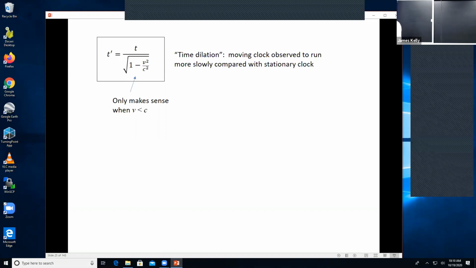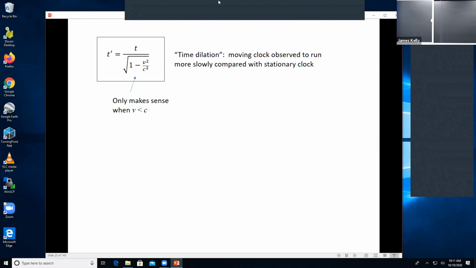Well, just in terms of mathematics, what would go wrong with the formula? Yeah, we'd have a negative under the square root, right? Because if v were greater than c, this v squared over c squared would be a number bigger than 1. So when I subtract it from 1, I get something negative. When you take the square root of a negative, well, it's at least confusing. Maybe it's something imaginary, but even Einstein didn't have an idea of imaginary time being measured.